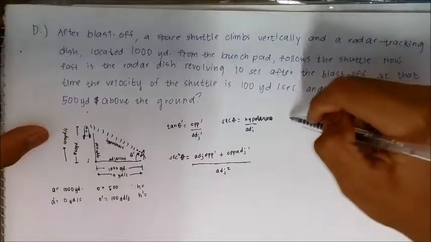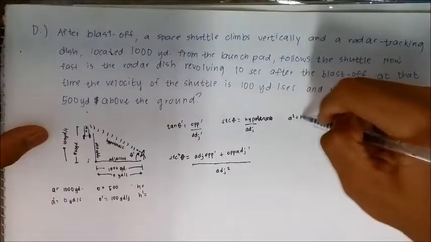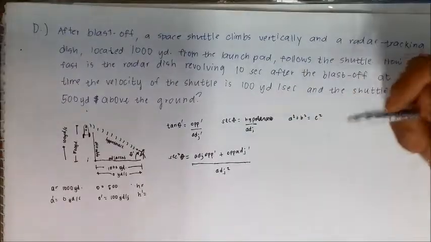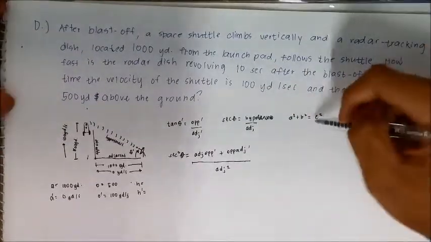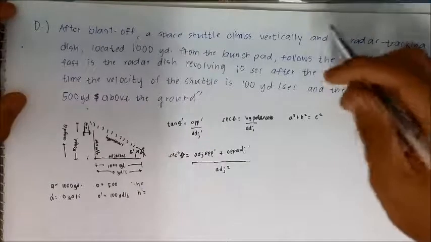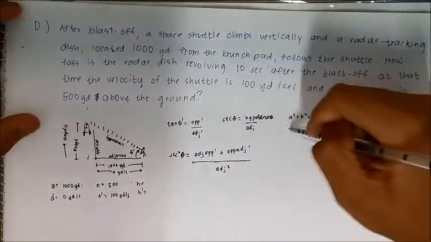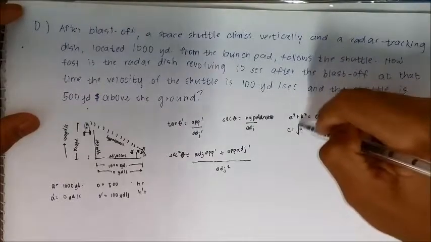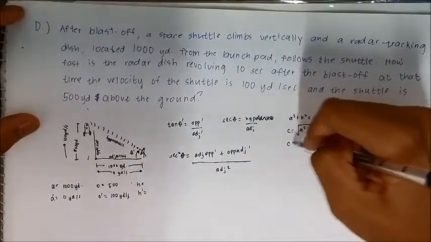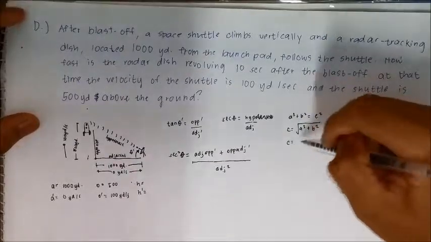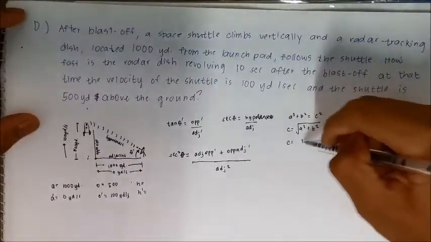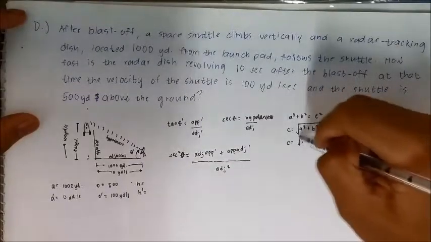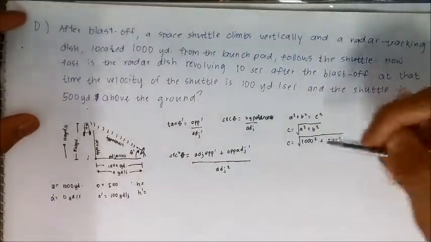Using the Pythagorean theorem, a squared plus b squared equals c squared, with a being the adjacent, b being the opposite, and c being the hypotenuse, we have to look for c, which is the square root of a squared plus b squared. So the hypotenuse will be the square root of 1000 squared plus 500 squared.